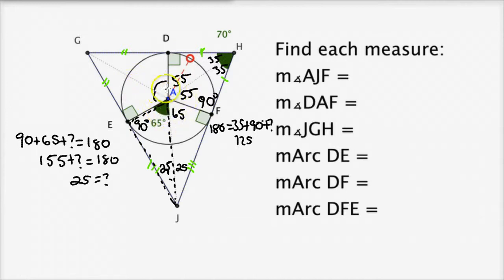We got a full circle here in the middle that adds up to 360. So that's 130, 110, I'm just doubling this. 65 and 65 is 130. 55 and 55 is 110. So I got 130 plus 110 plus something equals a full circle there in the middle.